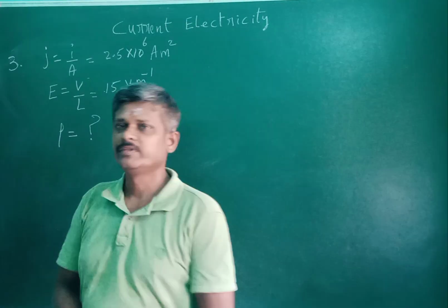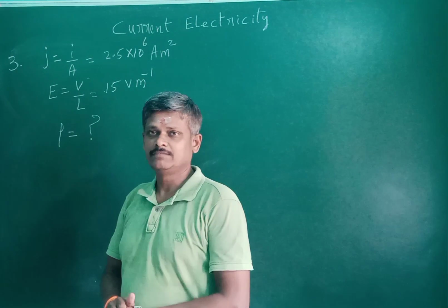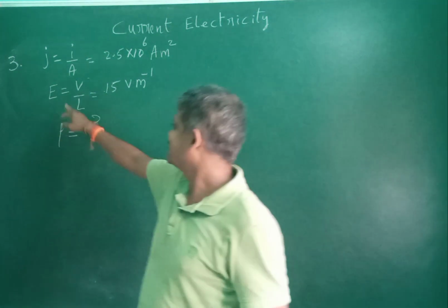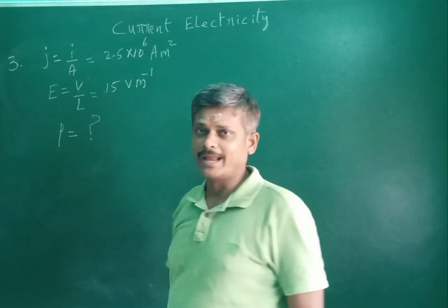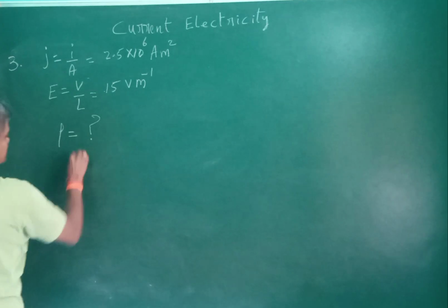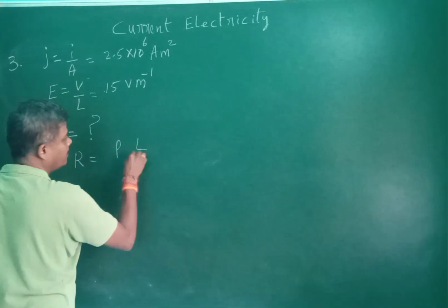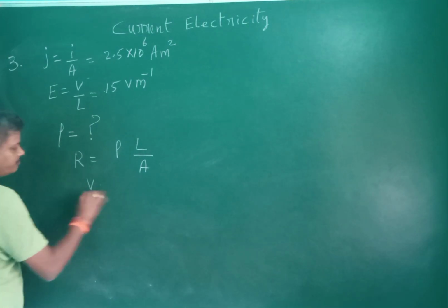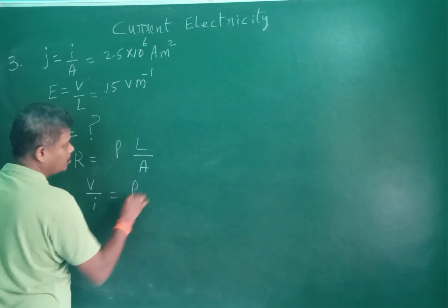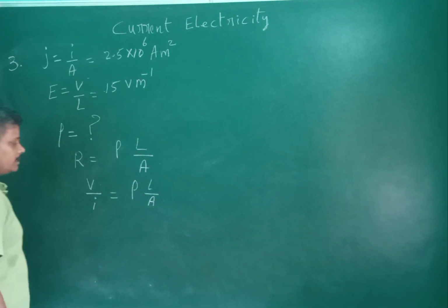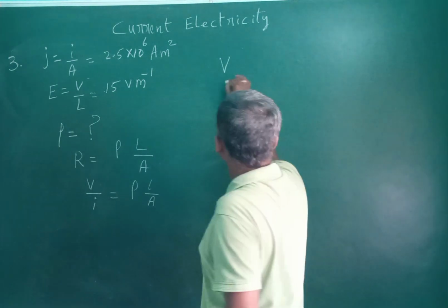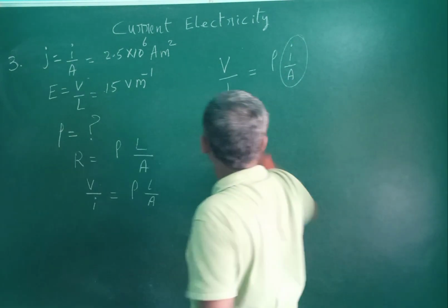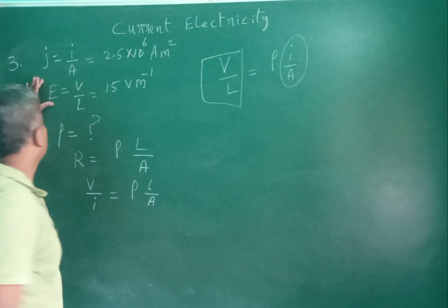Question number 3. Find the resistivity of the conductor which carries a current density 2.5 into 10 power 6 ampere per meter square when an electric field of 15 volt per meter is applied. We know resistance is given by rho L by A. From Ohm's law, we can write resistance as the ratio of V to I, that is equal to rho L by A. If I write this like this, V by L is equal to rho into I by A, where I by A is current density, V by L is electric field.